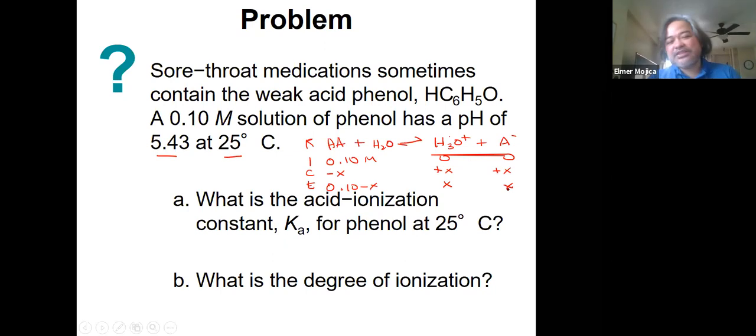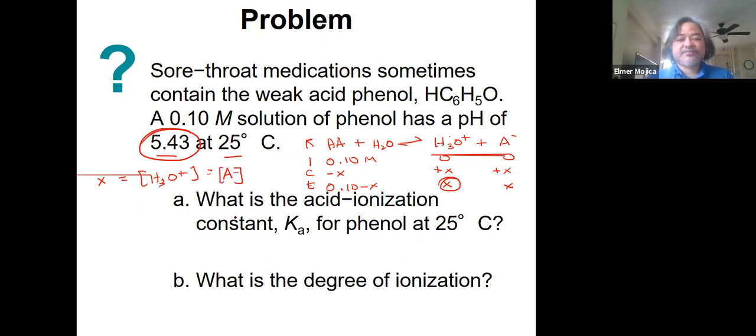But what's the difference here? X is already given. So what is X? Usually your X is your hydronium concentration, and that is also your phenolate concentration. And you're given the pH of 5.43.